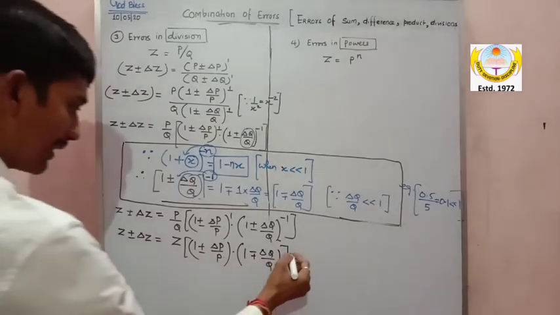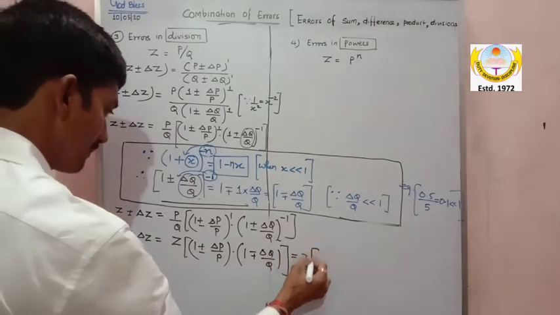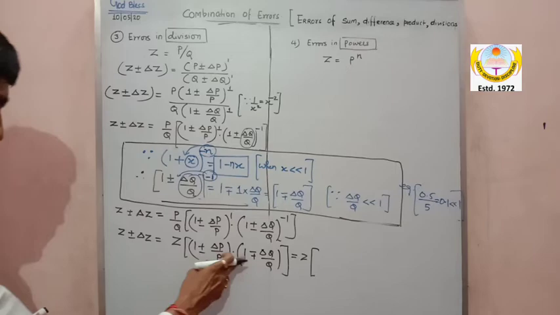So now when I solve this, I will get Z. Now let us multiply 1 with 1.